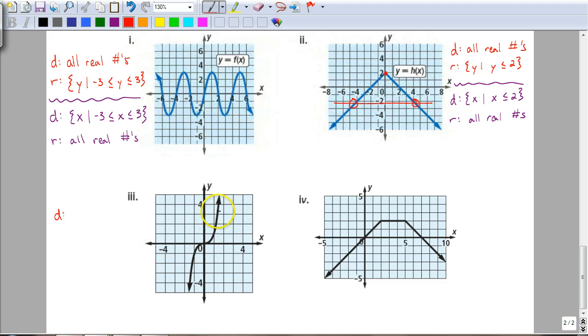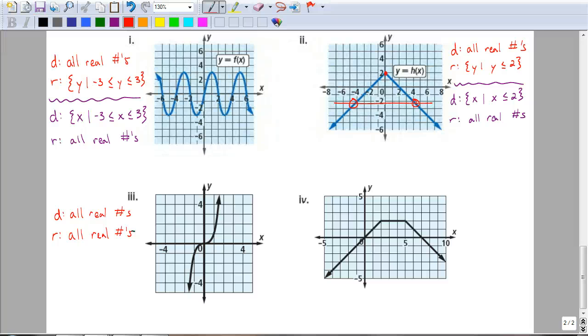Remember, it is gradually increasing to the right, and it's gradually increasing as we go to the left here. So the domain is all real numbers. The range, you can see from the graph, this is real obvious. It goes infinitely up and infinitely down. So the range is also all real numbers, which is going to be the same for the inverse.